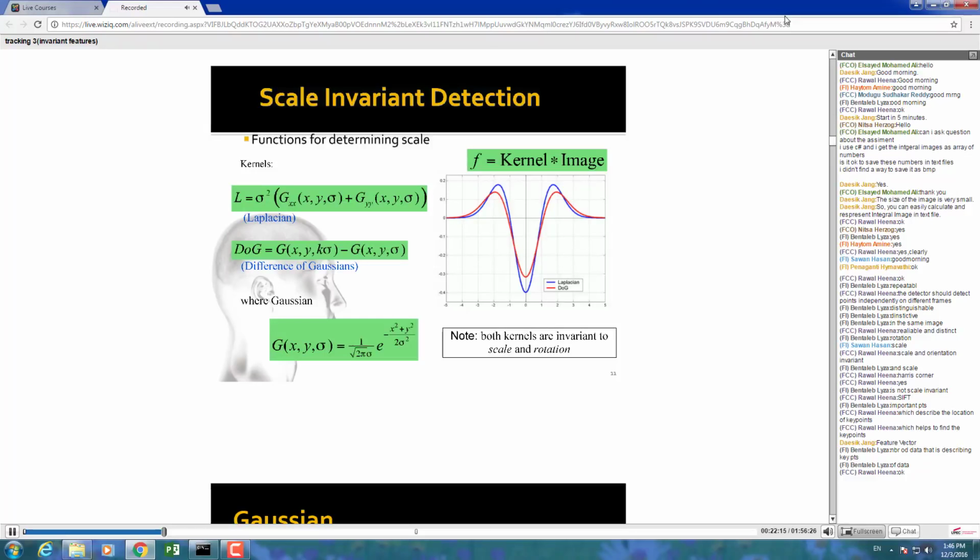But in case of scale, they may not be repeatable, right? So instead of just using basic edge features, we consider the edge features over different scales to make it scale invariant. Okay. So anyway, first of all, we have to consider the edge features.